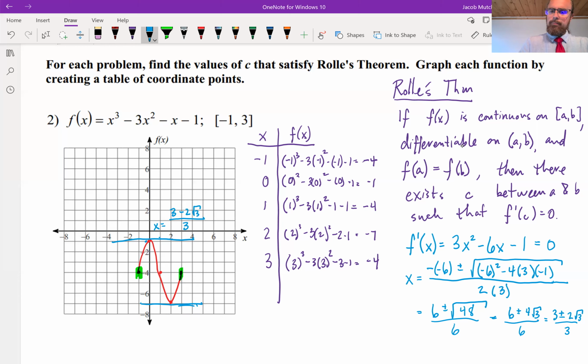And then down here below, I've got x equals the plus version, 3 plus 2 times the square root of 3 over 3. So although we were able to estimate where those values were just from our graph, we do need the algebra to find the exact value of the critical numbers. So let's finalize our answer here, critical numbers.